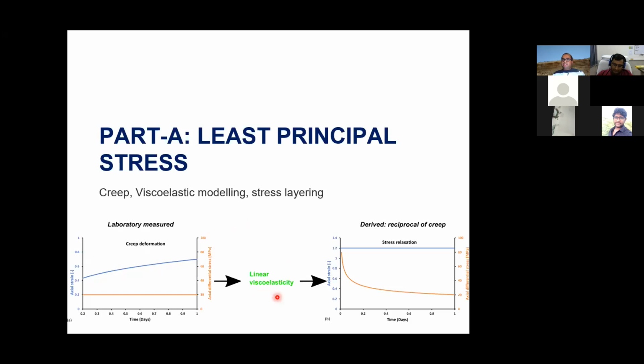As I previously mentioned, the relationship between creep and stress relaxation is exactly inversely proportional because of linear viscoelastic theory. I can give you a better example of what linear viscoelasticity is. If we apply a stress to a material, a shortening or expansion can happen, right? If we remove the stress, it should come back to its original position.